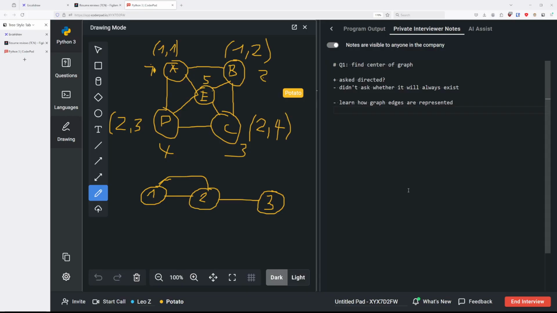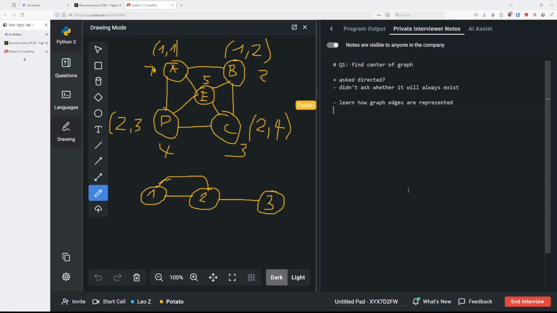So if we find a graph that has a cycle, right? In this case, if we start from A, then A goes to B, and B can also be the center.